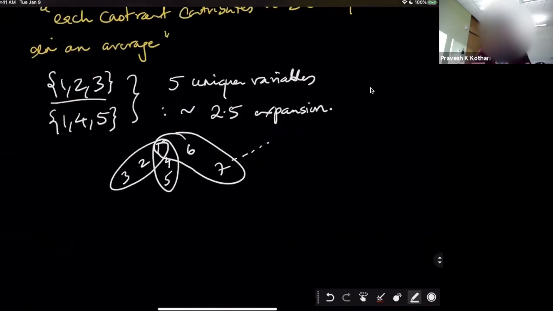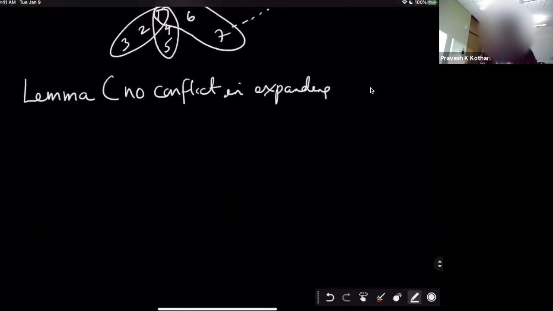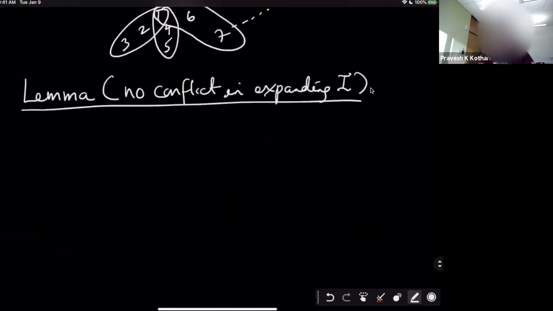Okay. So let's call this a lemma. By some slight abuse of notation, we call the instance itself expanding if the corresponding hypergraph of its constraints is expanding.